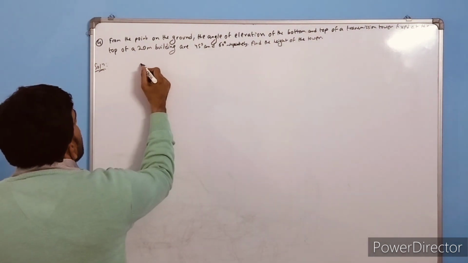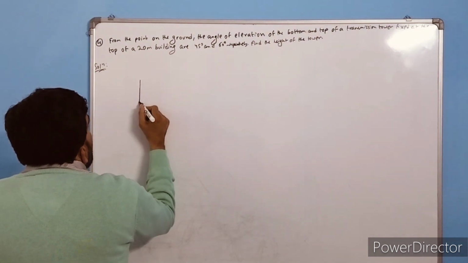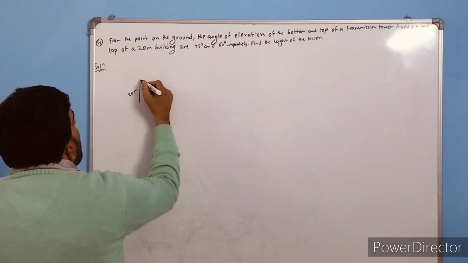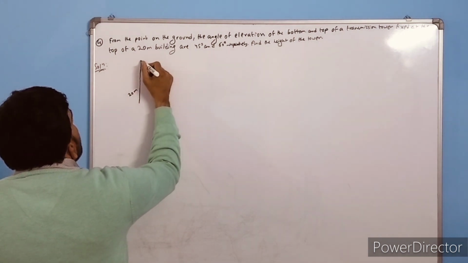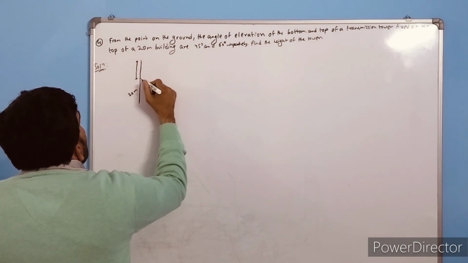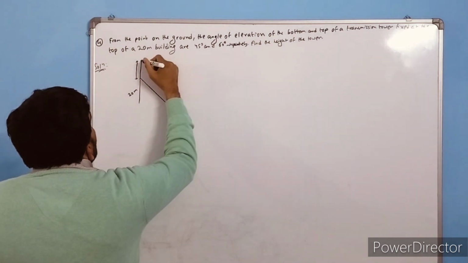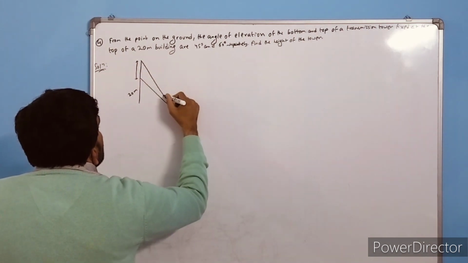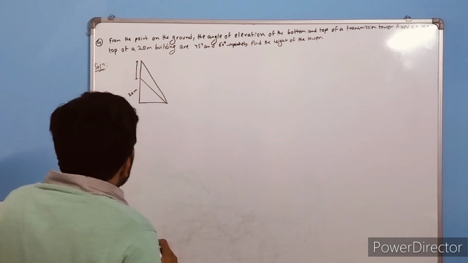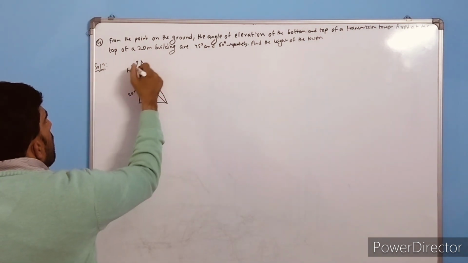What is given is a building that is 20 meter, and this is a tower. This is the kind of figure they are trying to solve.